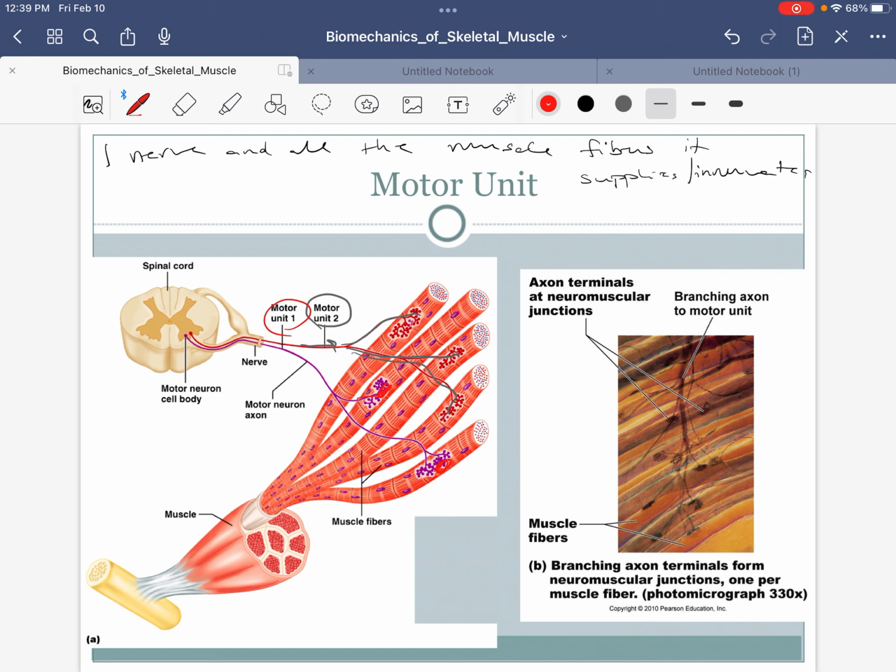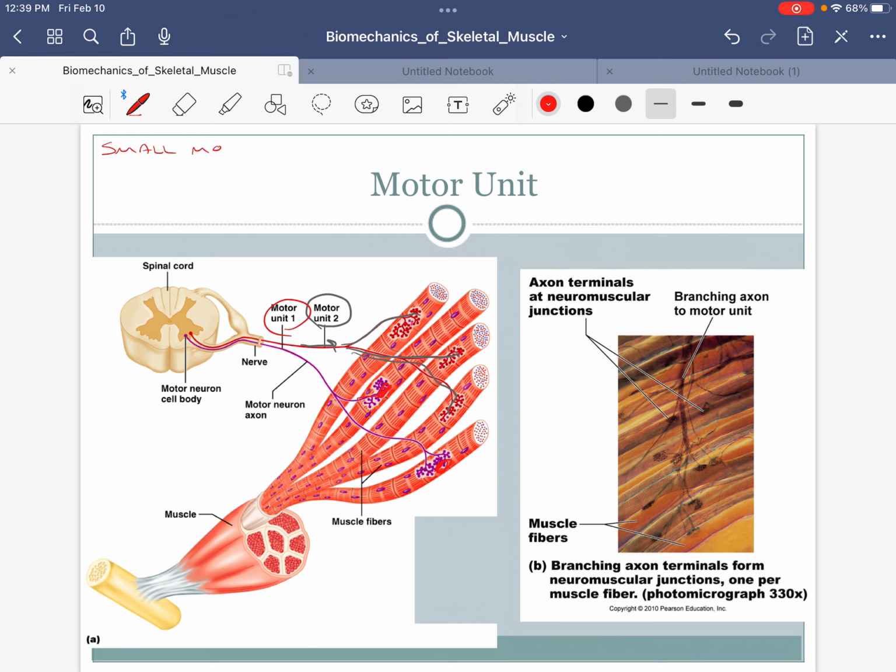Listen, folks, different muscles have different size motor units. Be able to give an example of a muscle where we'd have a small motor unit versus a muscle with a large motor unit.